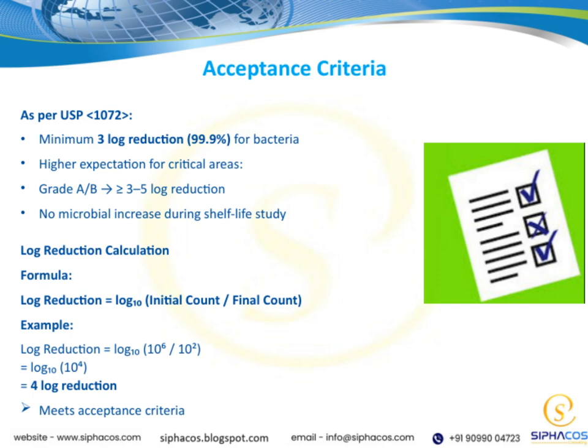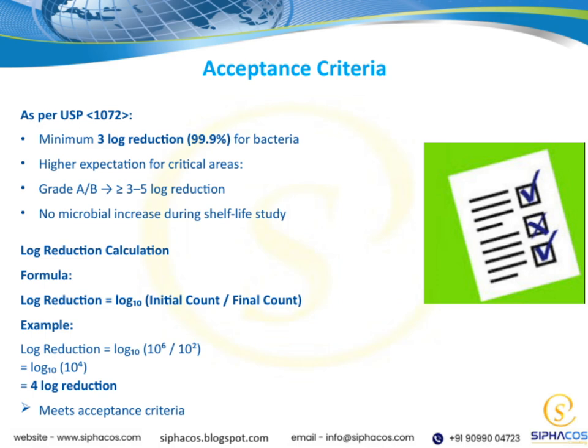Now, let's briefly look at how we calculate this log reduction. The formula is straightforward. Log reduction equals the log base 10 of the initial count divided by the final count. For example, if we start with a bacterial count of 10^6, or 1 million bacteria, and end with 10^2, or 100 bacteria, then the calculation looks like this.